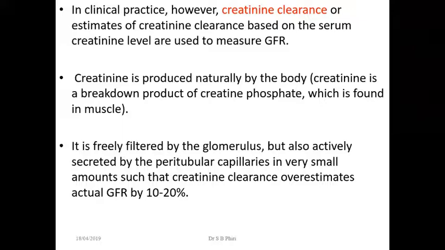So it is freely filtered by the glomerulus, but also actively secreted by the peritubular capillaries in small quantities, such that creatinine clearance is going to overestimate the actual glomerular filtration rate, because some of it is being secreted on top of what is being filtered. So the final concentration won't give you the picture of what is being filtered, because some of it is being secreted by the peritubular capillaries.